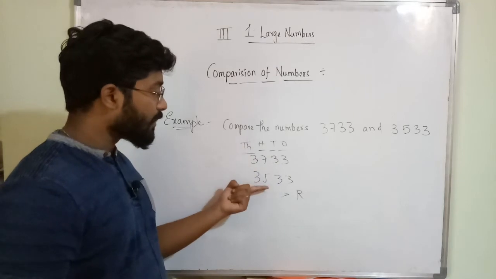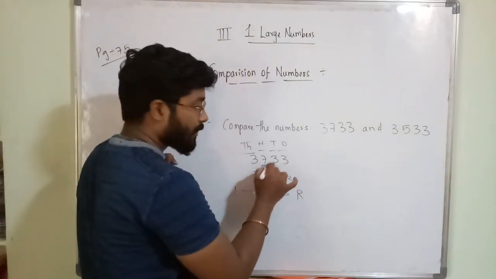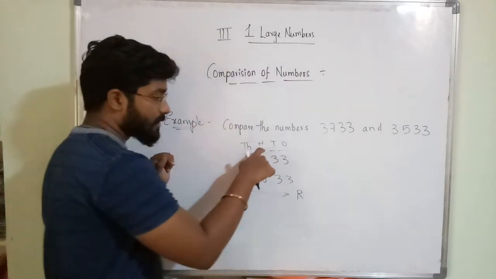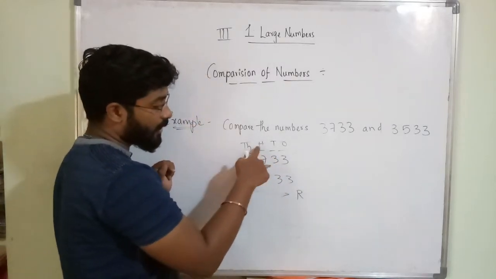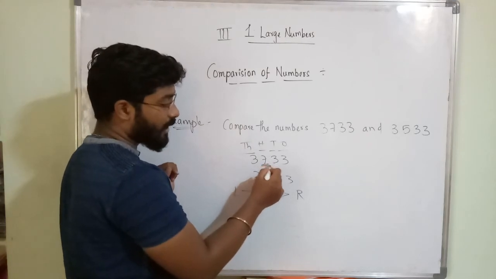What I said: the number with the greater digit in the same place. This is the same place only, 7 and 5 in the hundreds place. The number which has the greater digit in the same place will be the greater number.